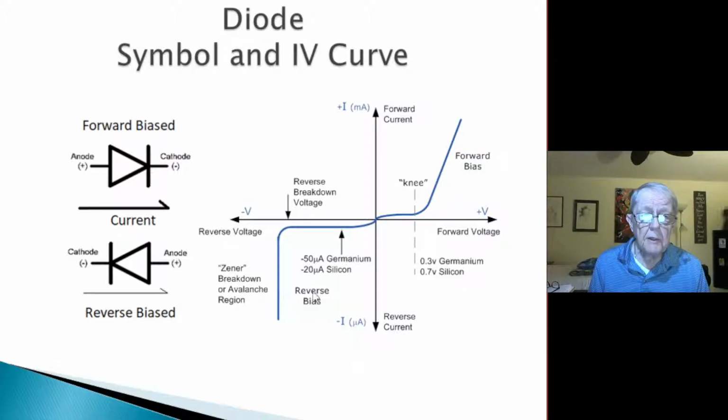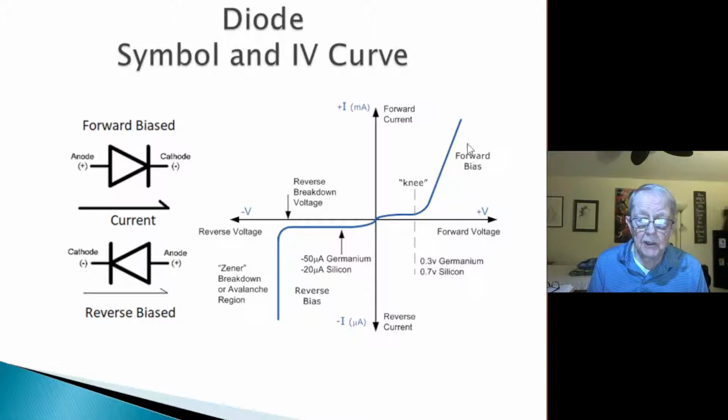Here is the diode, its symbol. It has a positive anode and a negative cathode, and if you have a forward bias diode, current flows in this way. With a reverse bias diode, the current flows the other way. And this is the IV curve. I stands for current. Current is on the vertical, voltage is on the horizontal.